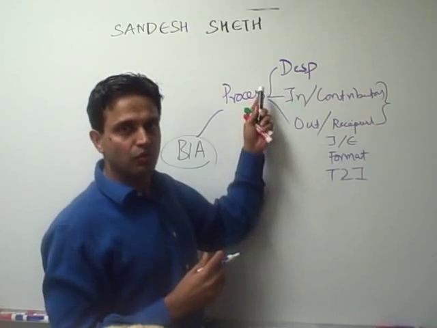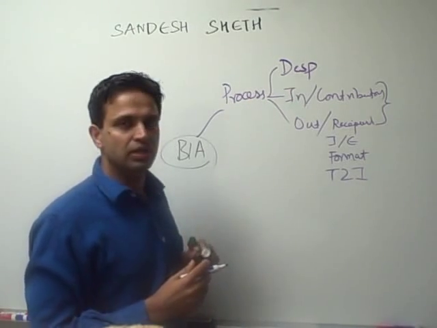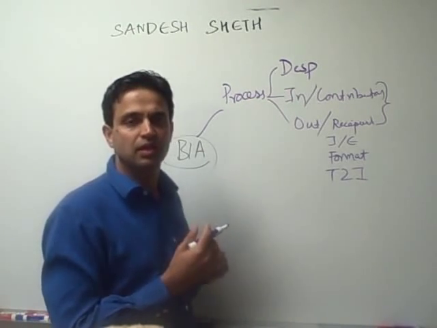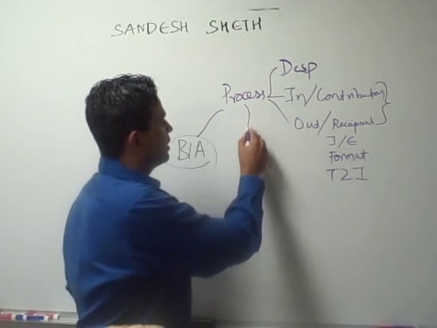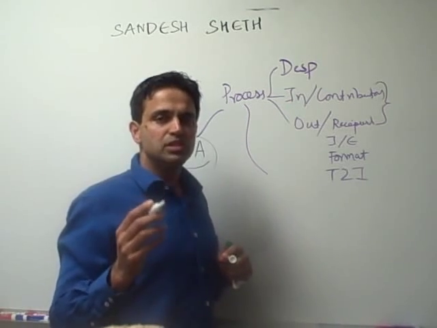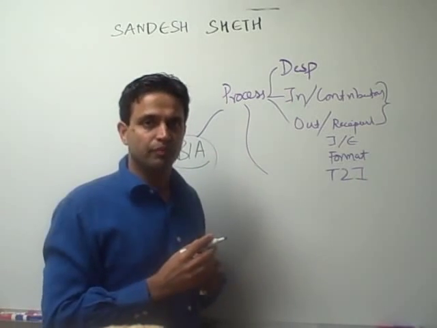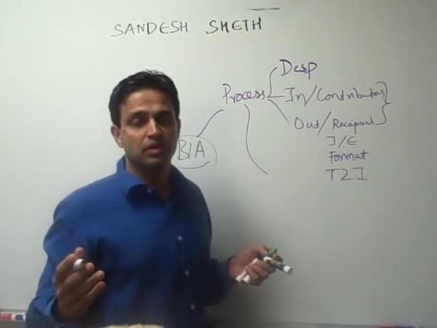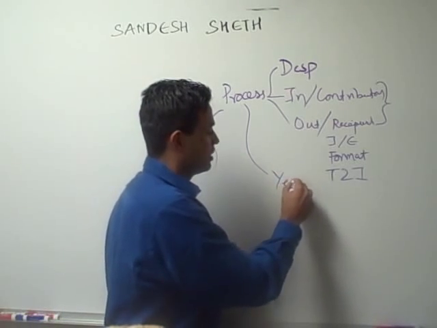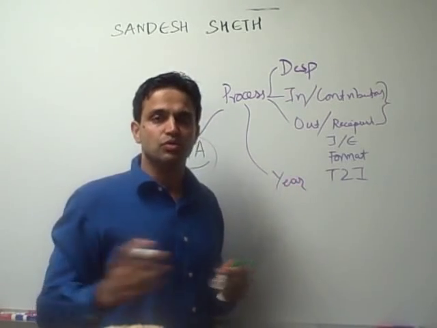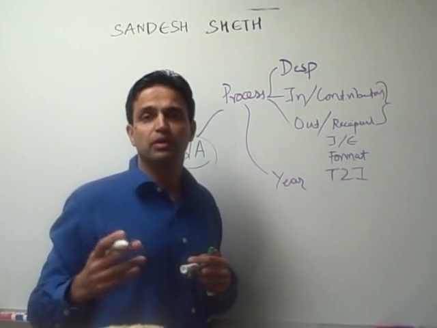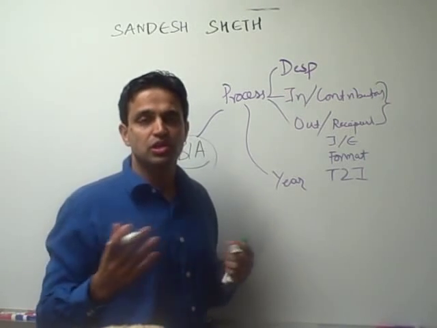Once we have this information, the next thing we need is, what is the peak time during which this business process is most active? Is there any such peak time? Is there a particular month in the year? For an accounting department, it could be the financial year end.